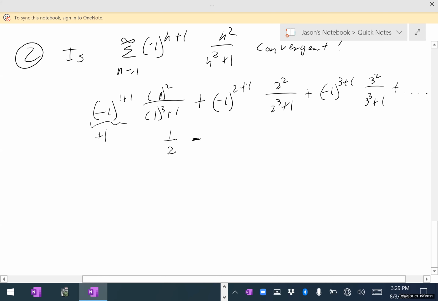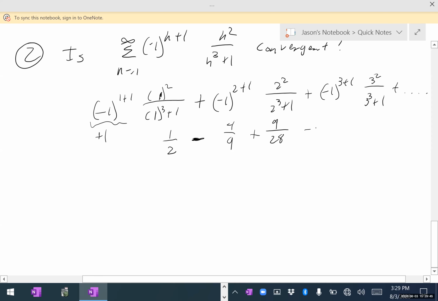It's an odd power, and so that's a minus sign. This is going to be 4 over 8 plus 1, which is 9. So 4 over 9. And then plus, this is going to be a plus because it's -1 to the fourth power, which is positive. 3 squared is 9 over 27 plus 1, which is 28.